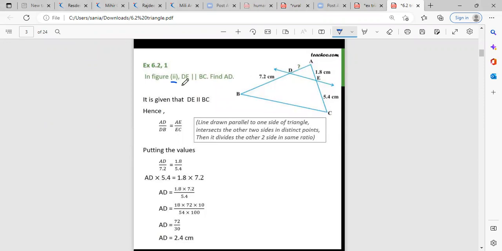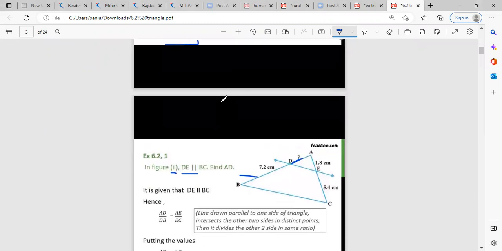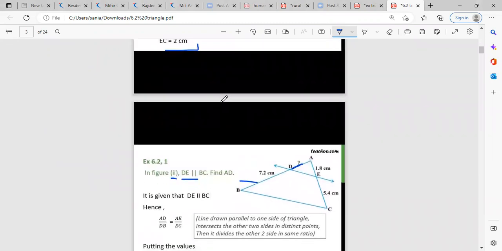Over here again, DE is parallel to BC, and you have to find AD. Can you find AD? Quickly do it, same as before.